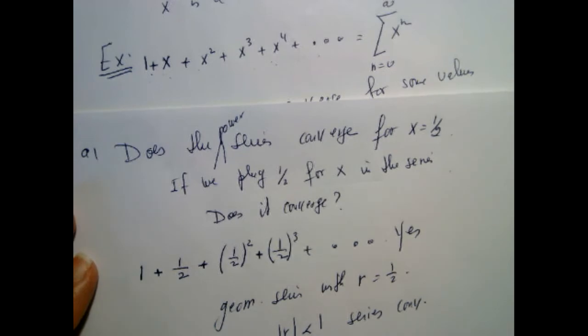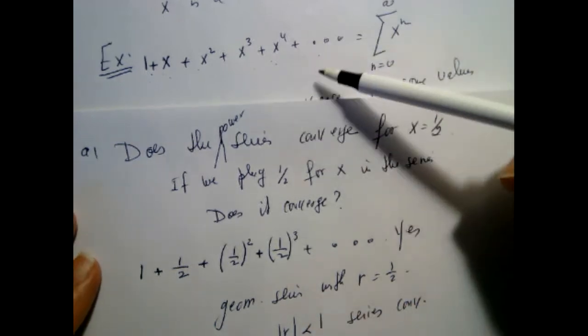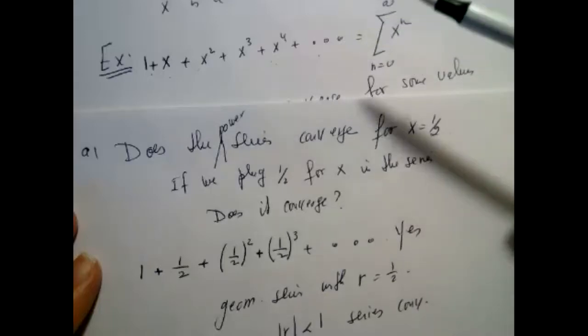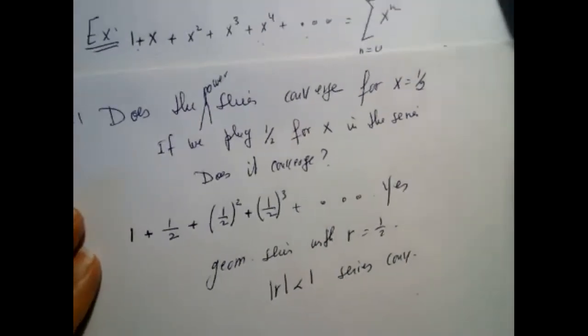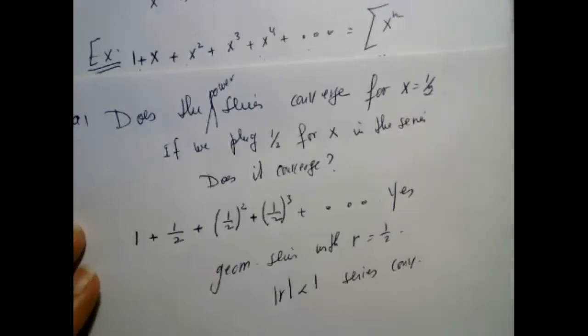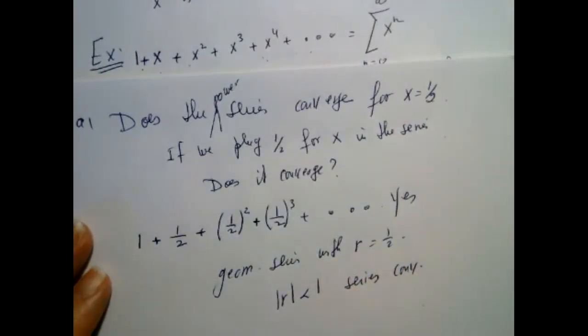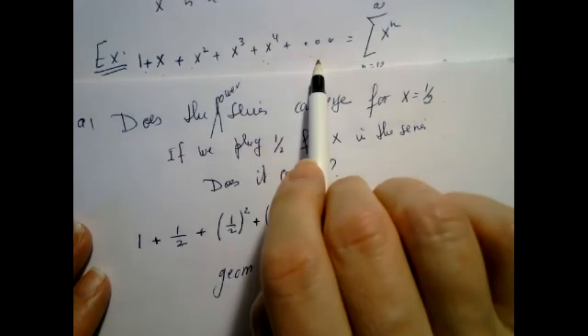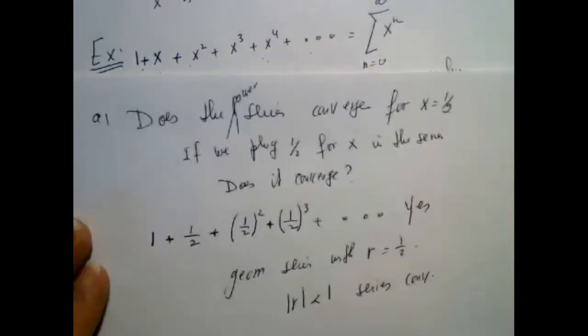Now, B, a simple question. Who can give me a value of x for which this power series does not converge? Give me a value of x such that the series does not converge. It means when I plug x in the expression, it's going to blow up. x equal to 2.